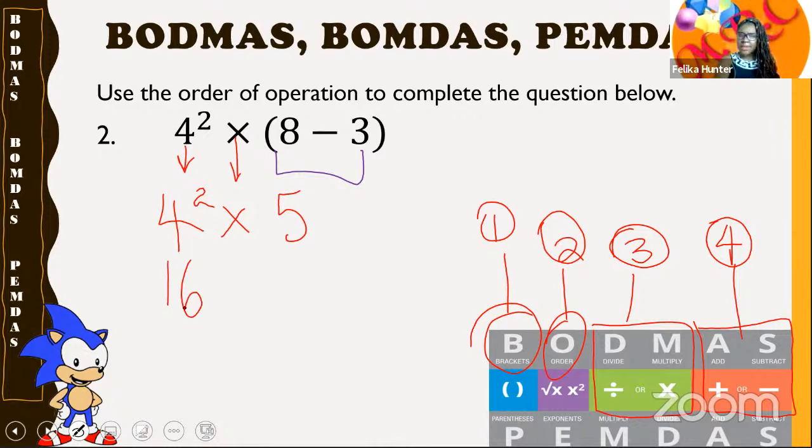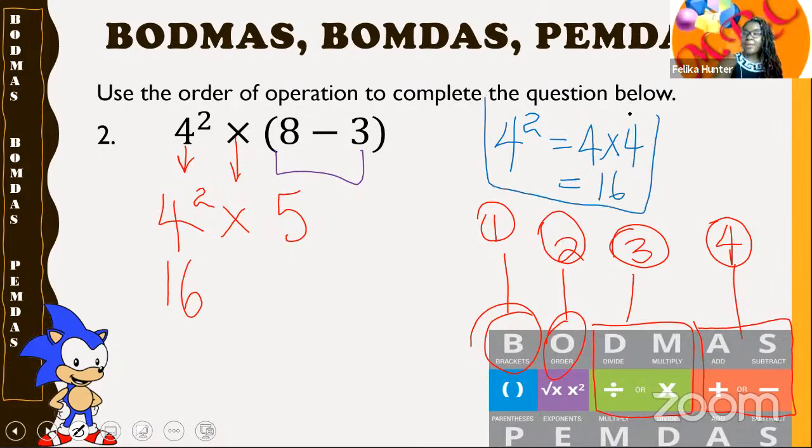How do you get 16? What does 4 square mean? 4 square means 4 times 4. And 4 times 4 is 16. All right, so I put that little information over there.